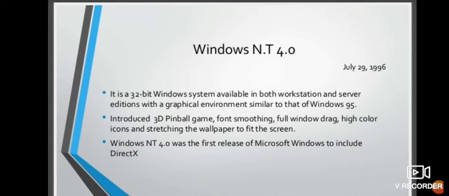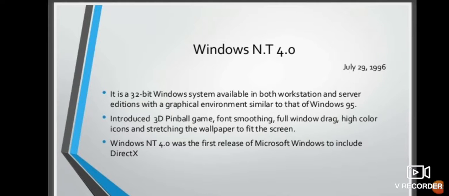After Windows 95, there came Windows NT 4.0, released on 29th of July 1996. It is a 32-bit Windows system available in both workstation and server editions, with a graphical environment similar to that of Windows 95. It introduced the 3D Pinball game, font smoothing, full window drag, high color icons, and stretching.